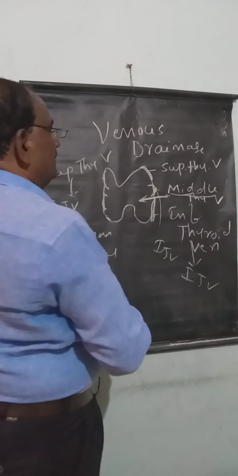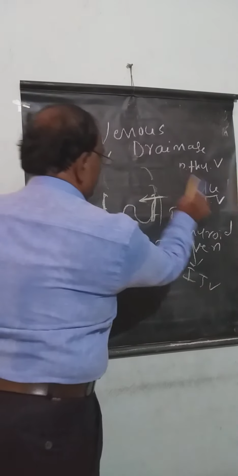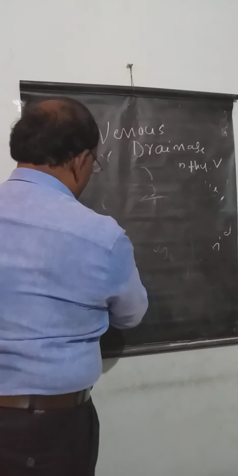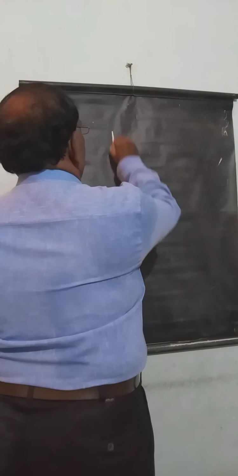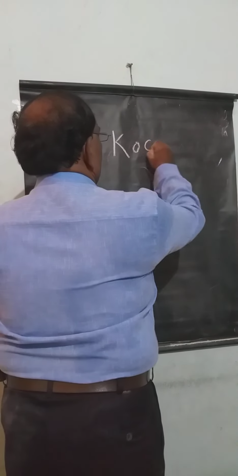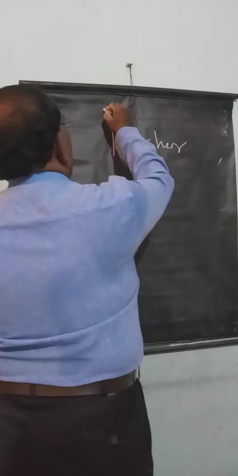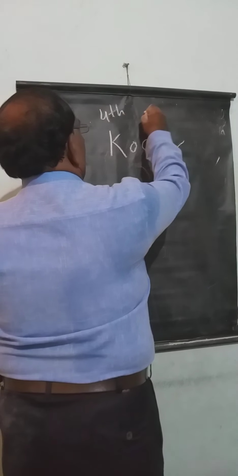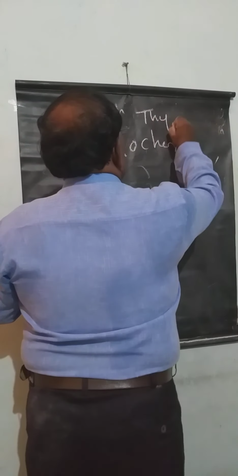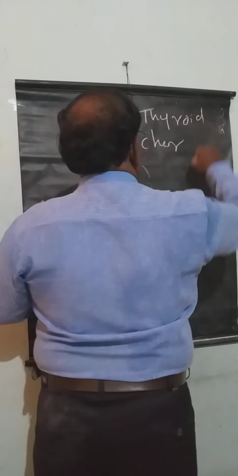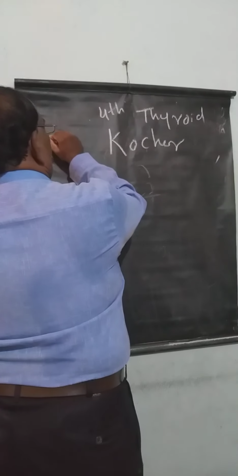That is called the fourth thyroid vein, also called the fourth thyroid vein of Kocher.